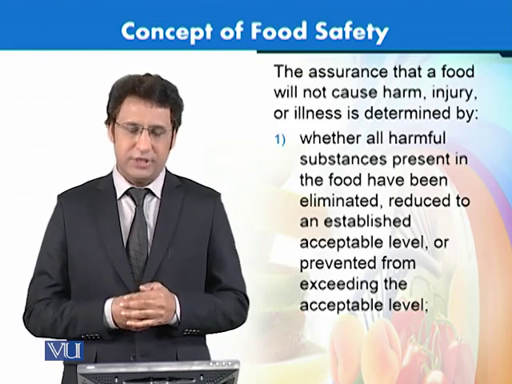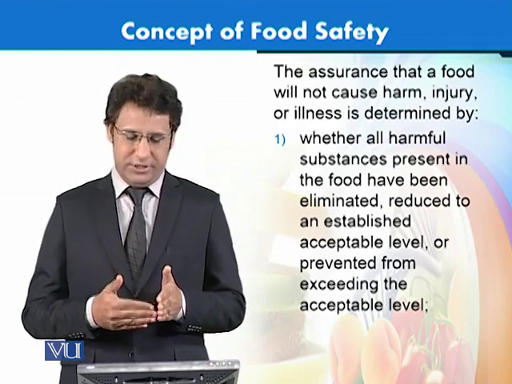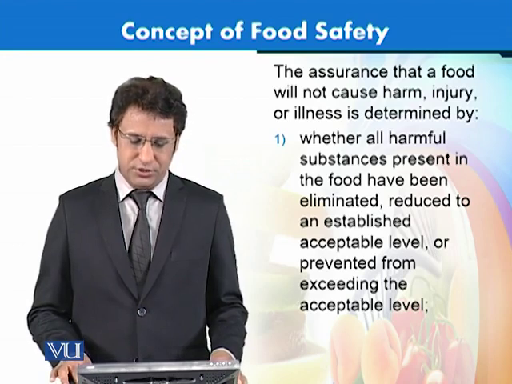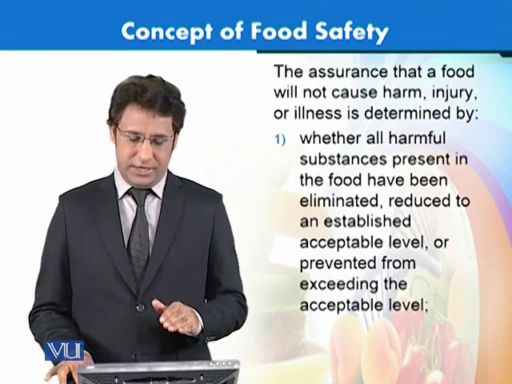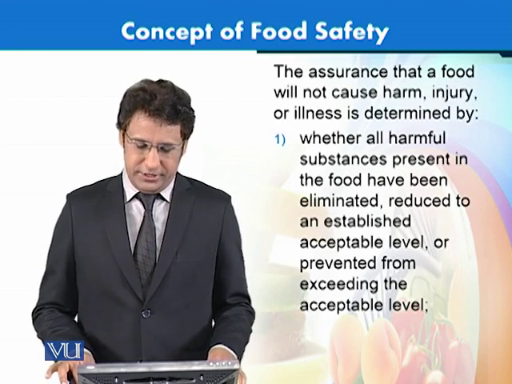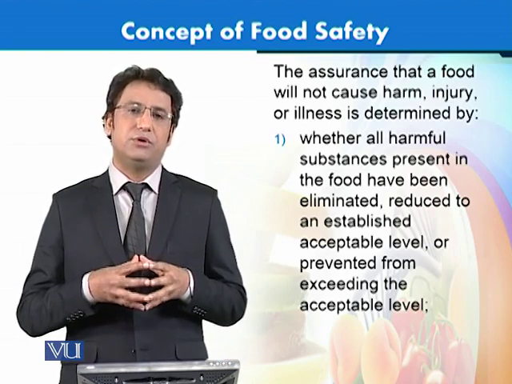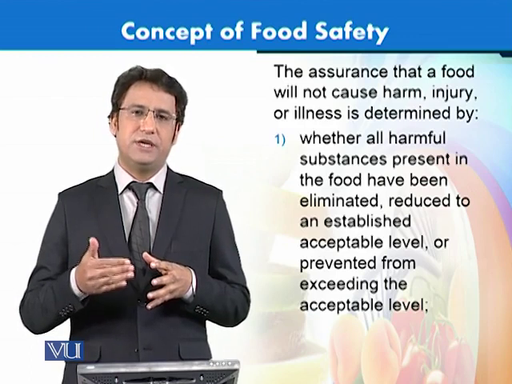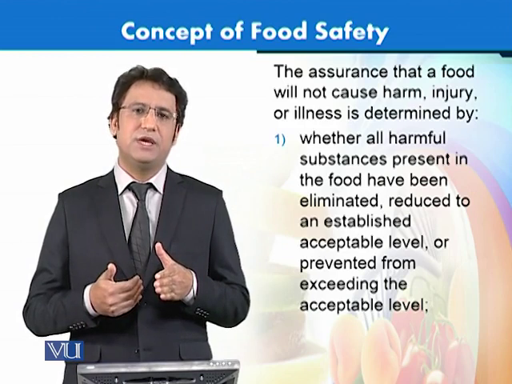So when it is not possible to eliminate those harmful substances from the food, the second option would be to reduce the number of these harmful substances so that they do not create any health hazard when consumed. The other aspect is to prevent the growth or increase in number of these undesirable substances that, when present in a certain amount, can produce health hazards.